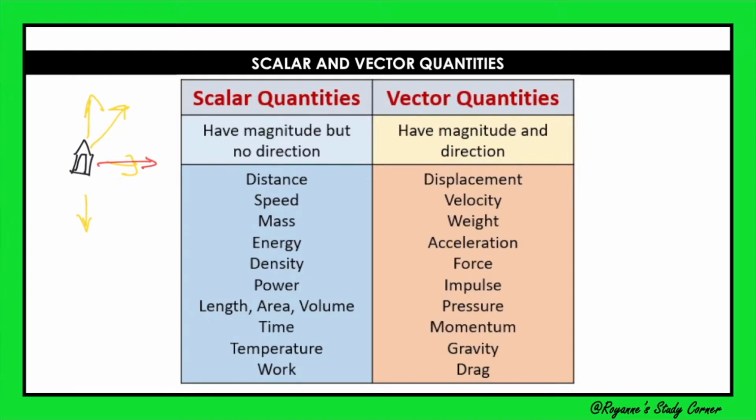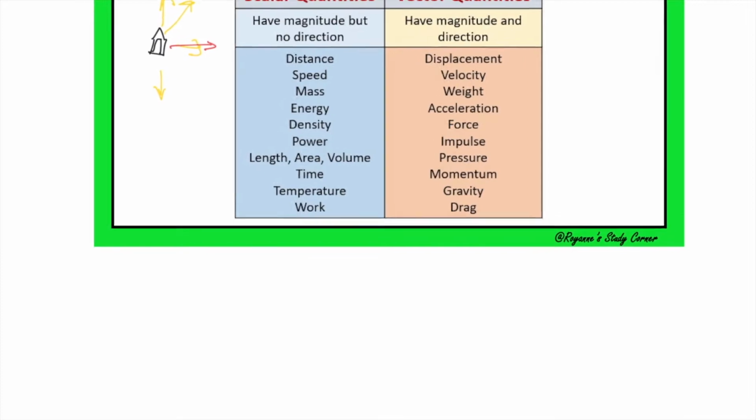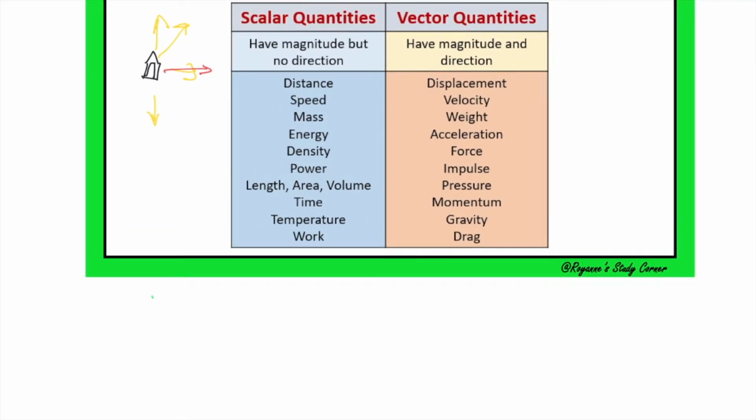Now, how do we add scalar quantities? If I have a parcel of potatoes that is 2 kilograms, and I have another one that's 5 kilograms, then my resulting or total mass is just 2 kilograms plus 5 kilograms, and that gives us 7 kilograms.